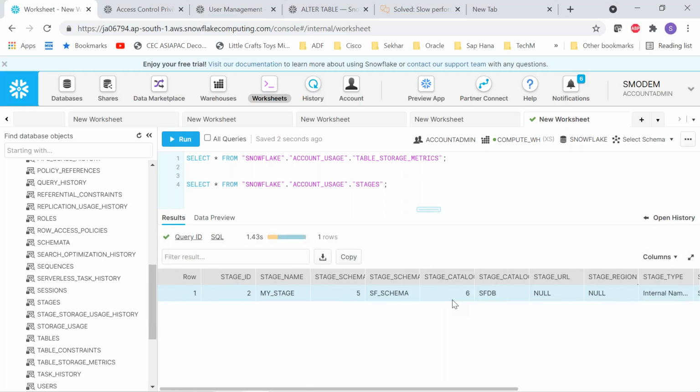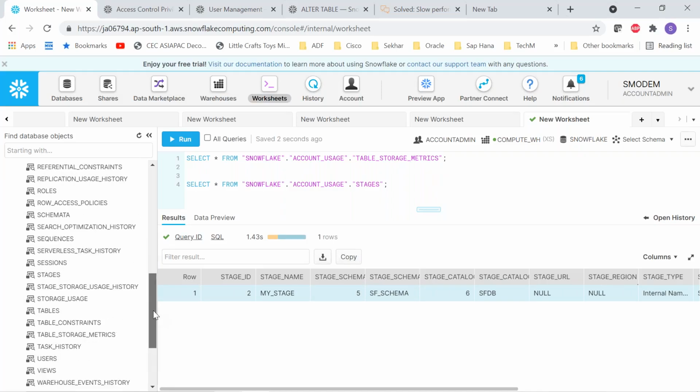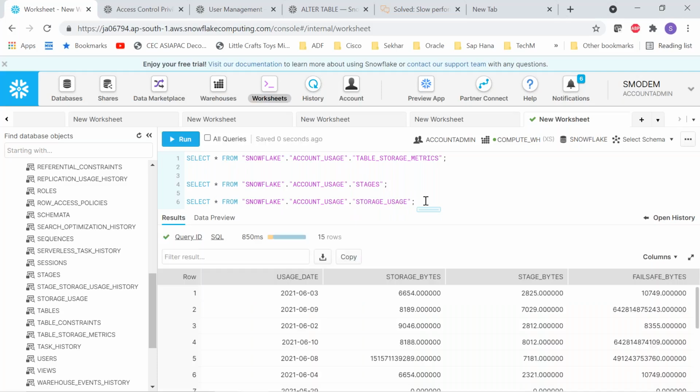So it has the stage, right? It shows storage bytes, failsafe bytes, and the daily average that we are talking about, right? Second day, third day, fourth day. It gives you the entire details.